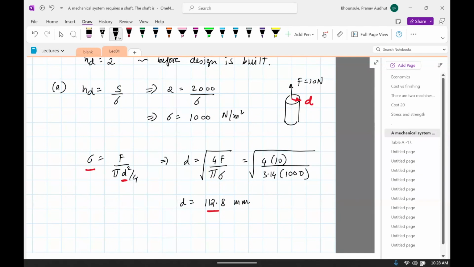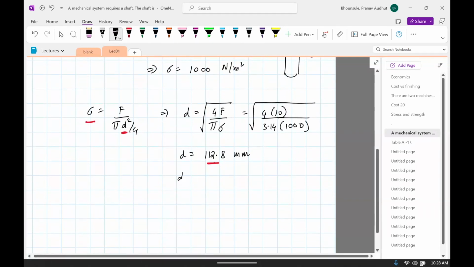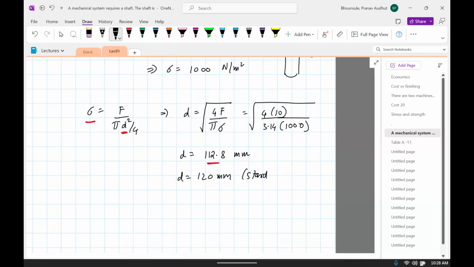So let's go back. So we choose d equals 120 mm, and this is the standard size available in the catalogs. You cannot buy a size which is 112.8.